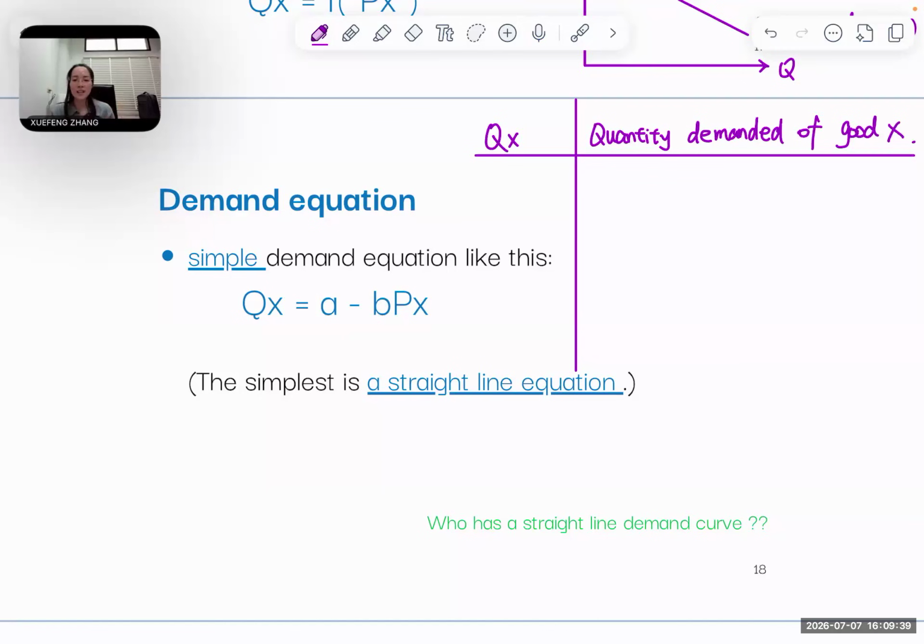In plain English, we can say how many cups you buy. The next one we have A. What is A? It's a constant.